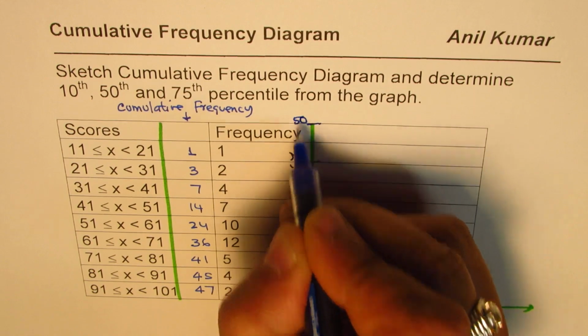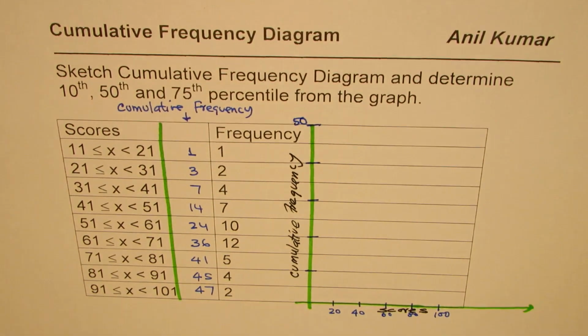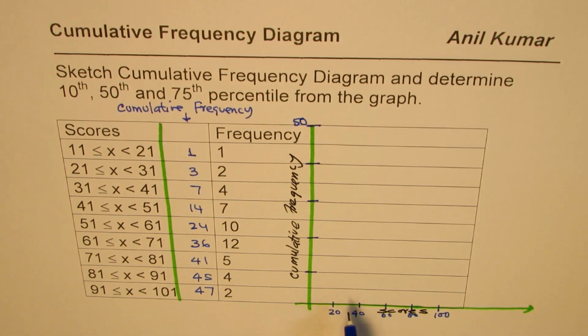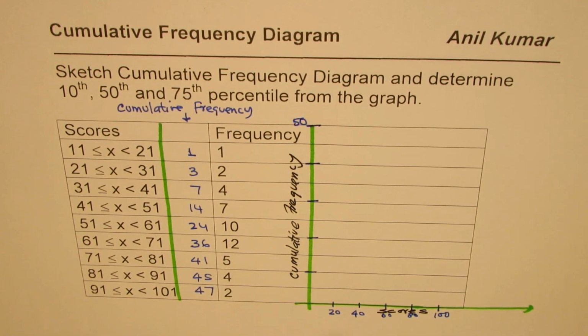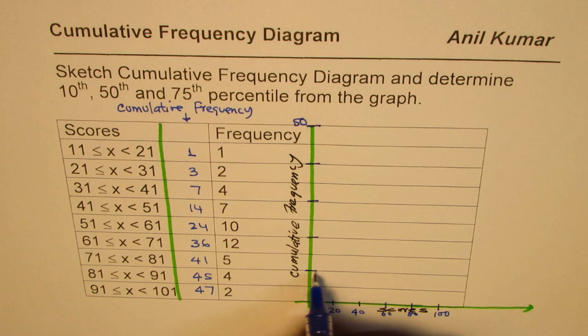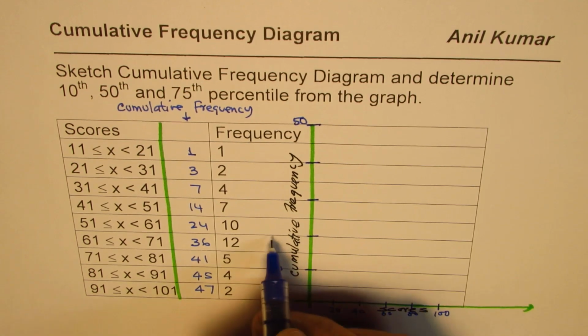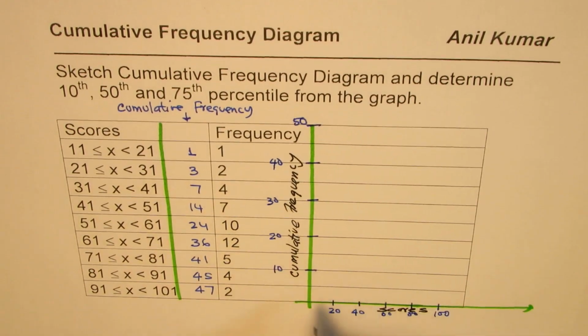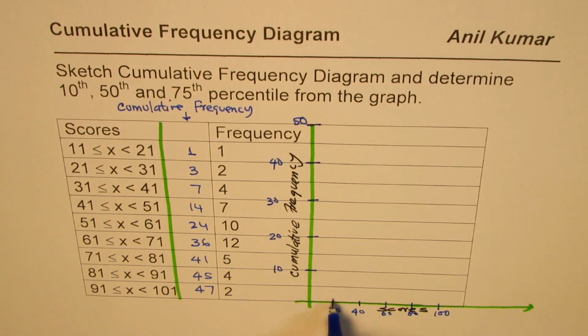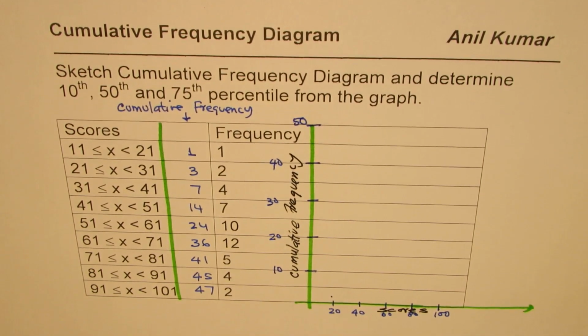Okay, that helps. So this is 50 for us. Fine. So the first point is 20, the highest point, and 1. So since this is 10, this is 20, 30, 40 and so on. So 1 is very close to here, right?